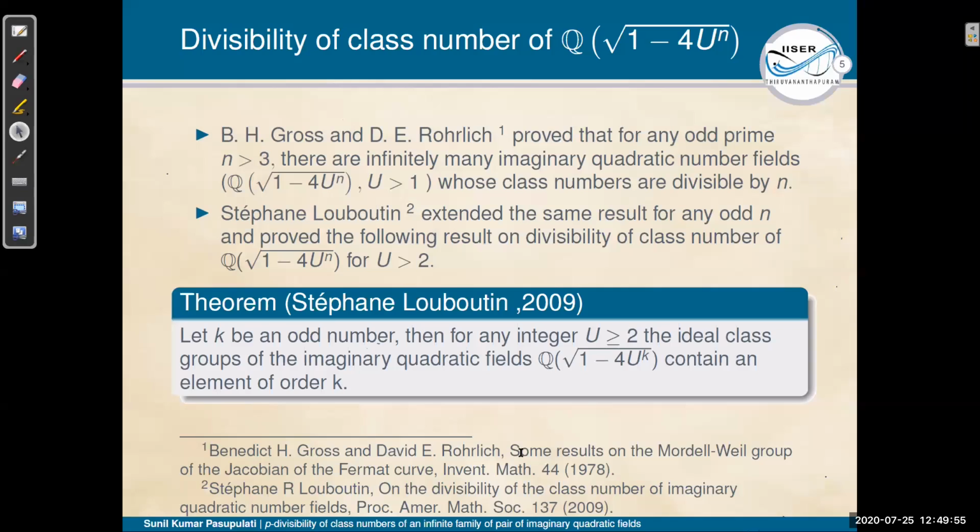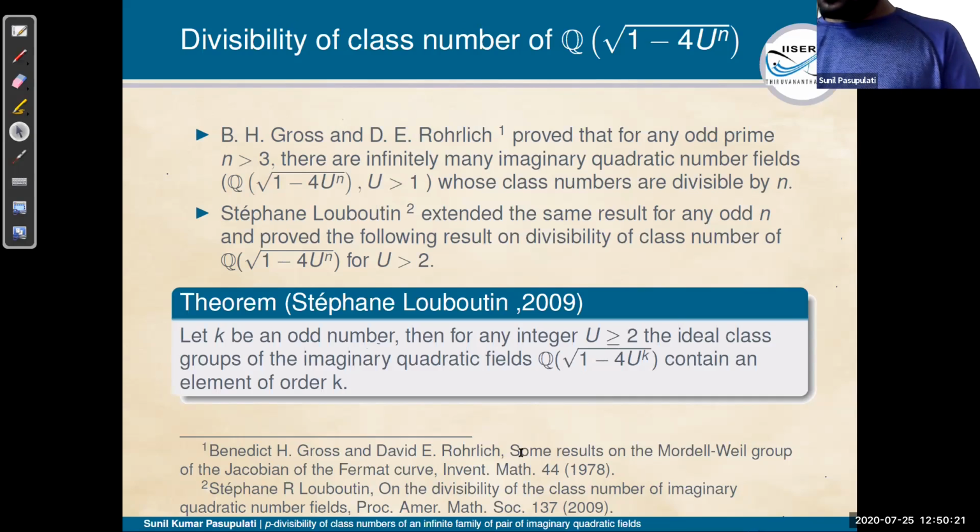So actually Lobotin has proved that for k any odd number. So I hope you are aware of the result of Ankeny and Chowla that gives us that for any given integer k, there are infinitely many imaginary quadratic fields with class number divisible by k. So you can just take those elements as u, and consider q square root minus 4u to the power k.